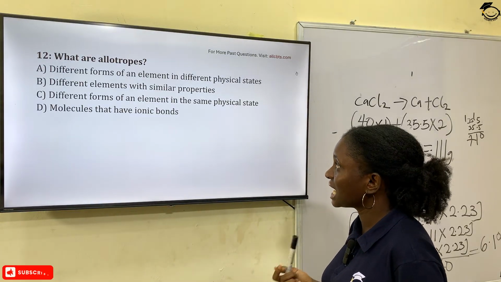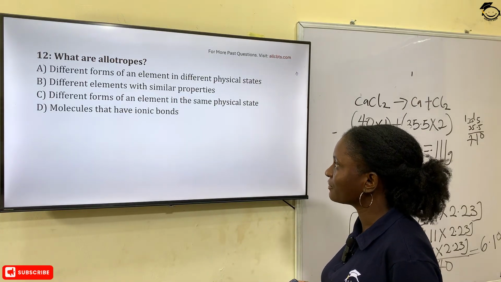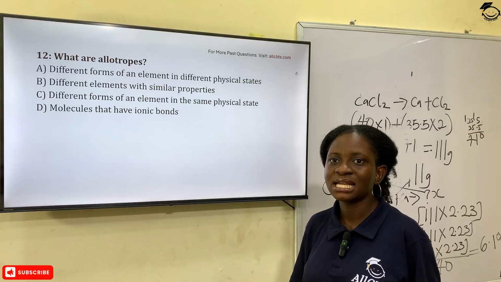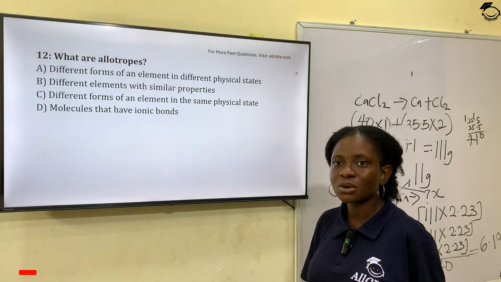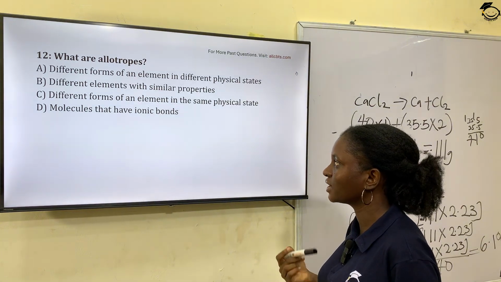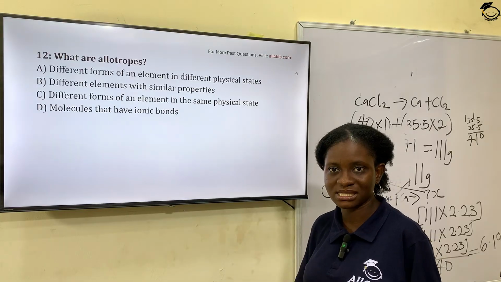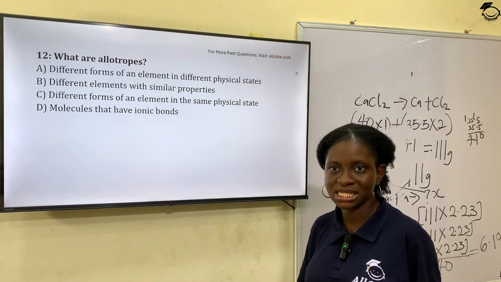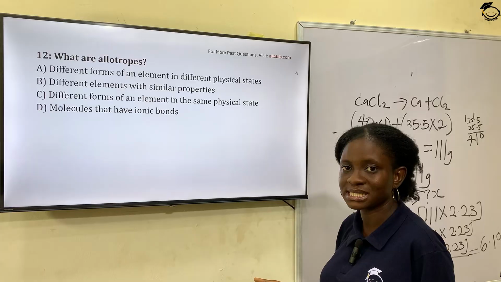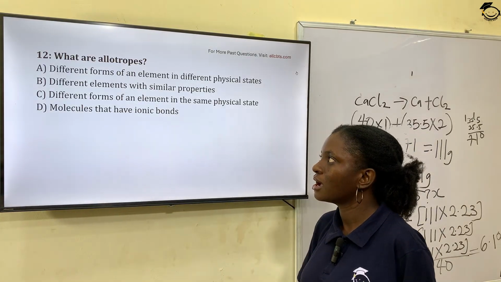B, different elements with similar properties. C, different forms of an element in the same physical state. Option D, molecules that have ionic bonds. So the correct answer is different forms of an element, but they have the same state. So option C is the correct answer.